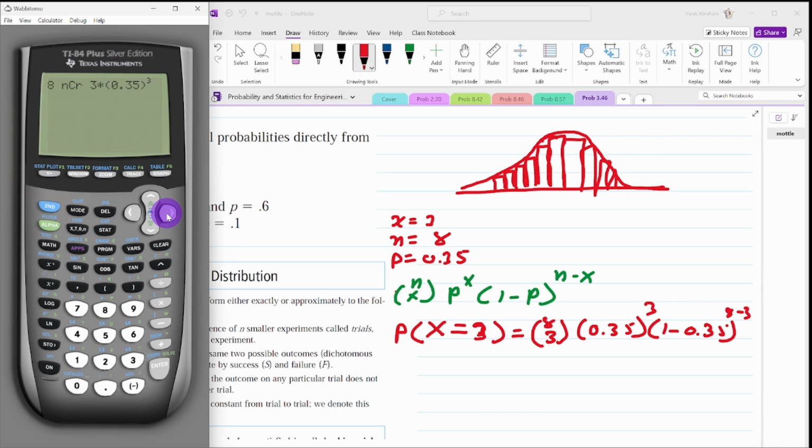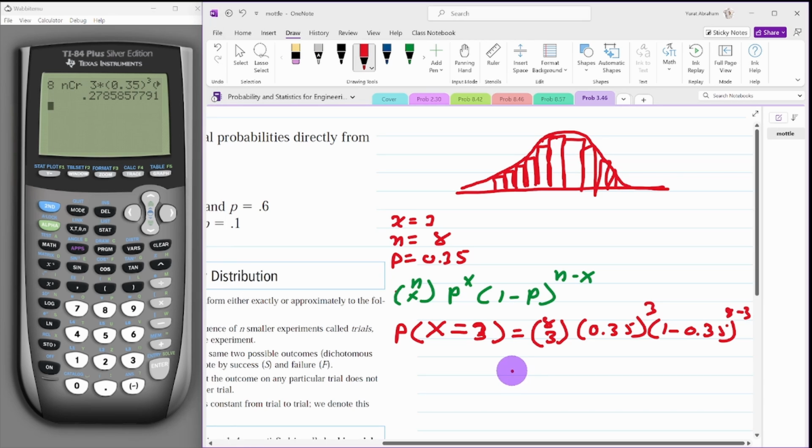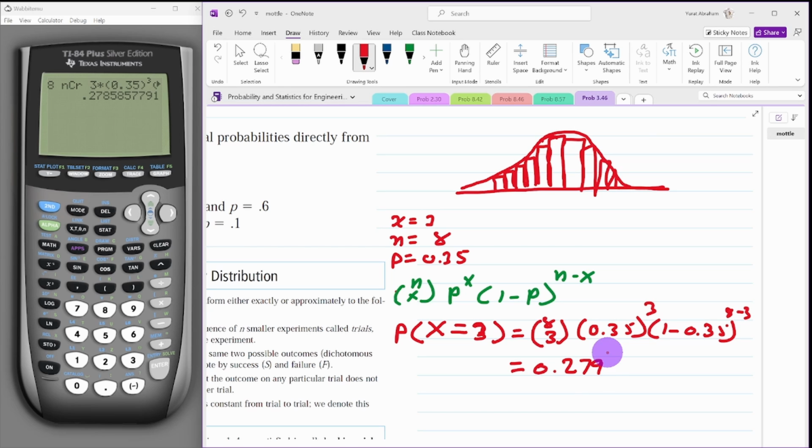Move to the right, then we have parentheses 1 minus 0.35 close parentheses raised to the power of 8 minus 3, and this equals 0.279. Okay, so that's the answer for this problem.